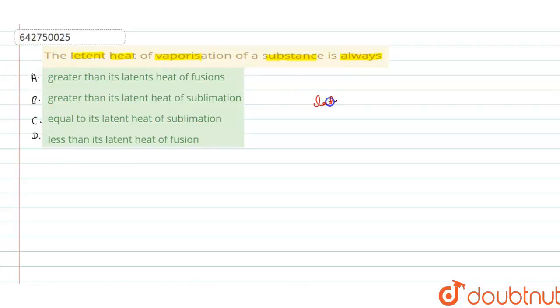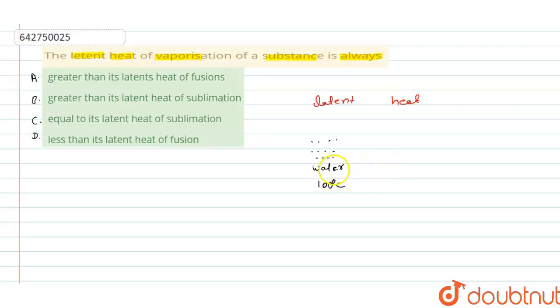So accordingly, we have to tell which of the following options is correct. Within the question, we have to talk about latent heat. Latent heat is the heat that is required to convert the phase at the same temperature. Suppose we have water at 100 degrees centigrade.